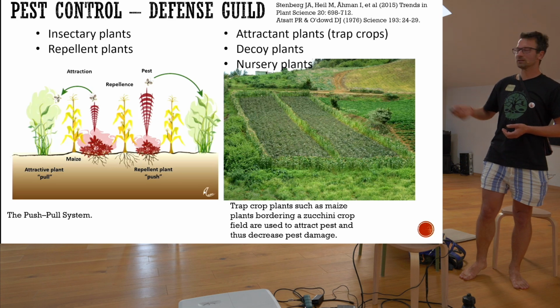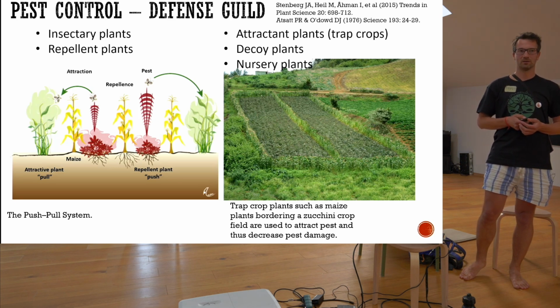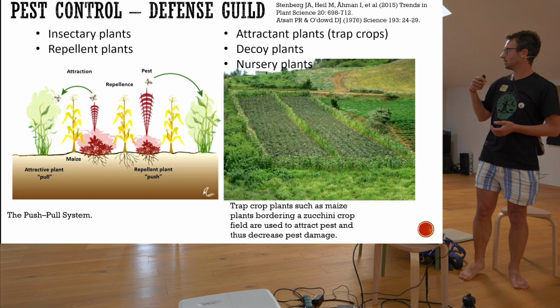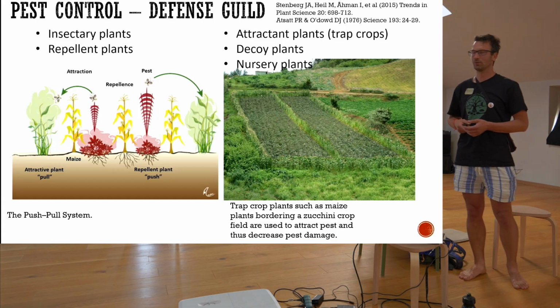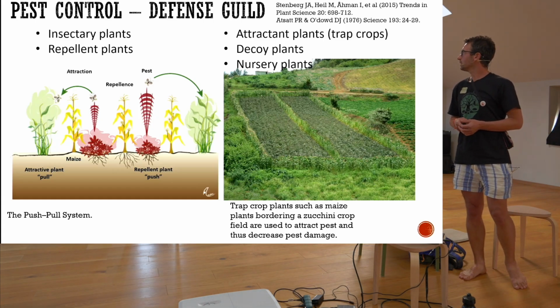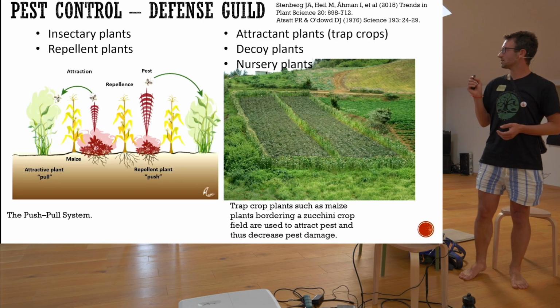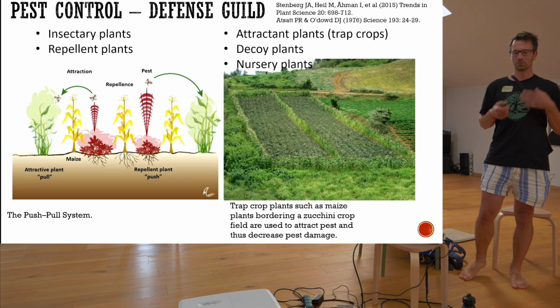The attractant plant is elephant grass, which is used as feed for animals.